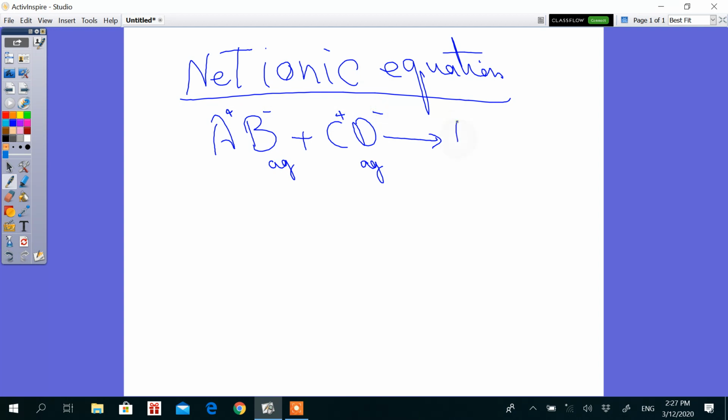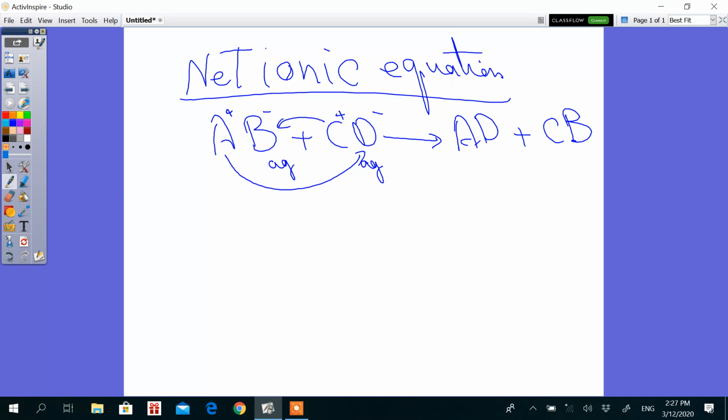So they produce AD plus CB. That's my normal chemical equation, which I used to write. It is an example of a double displacement reaction also.